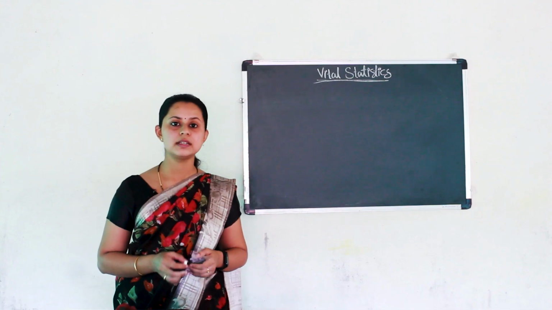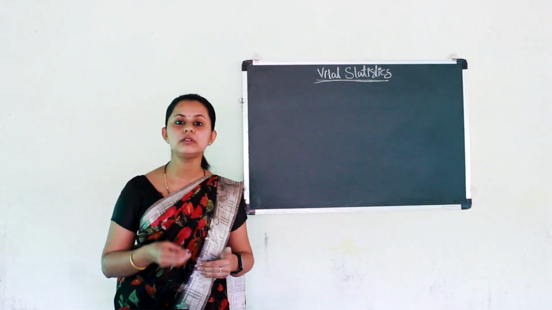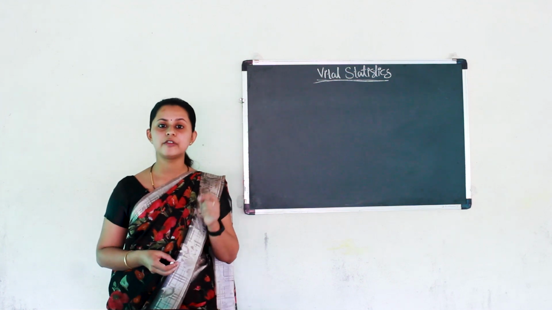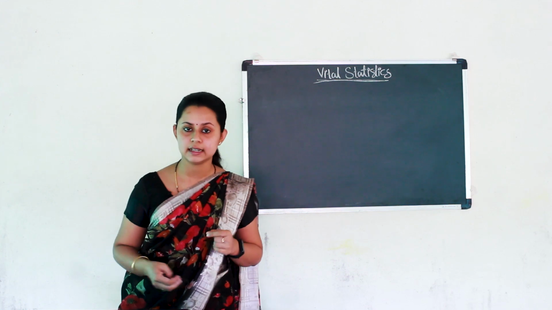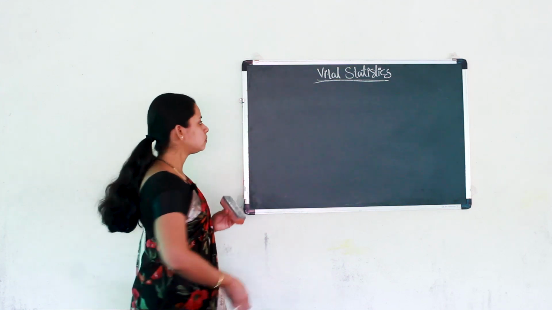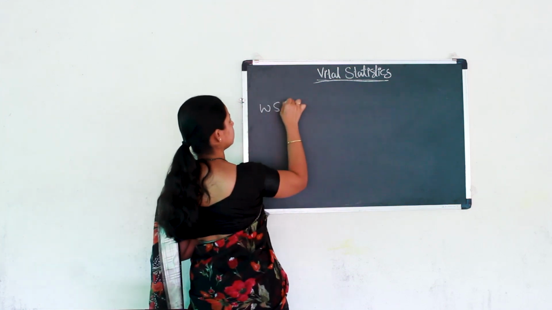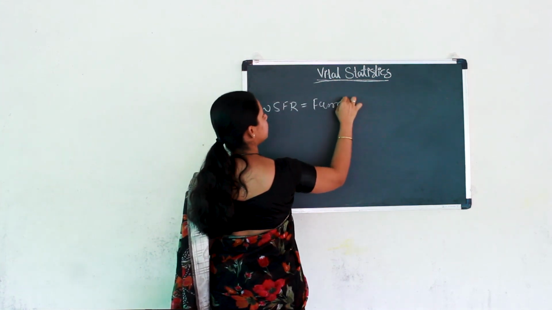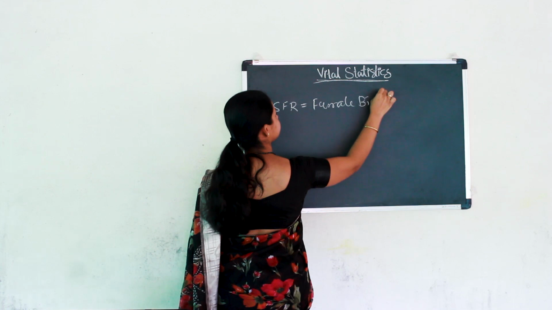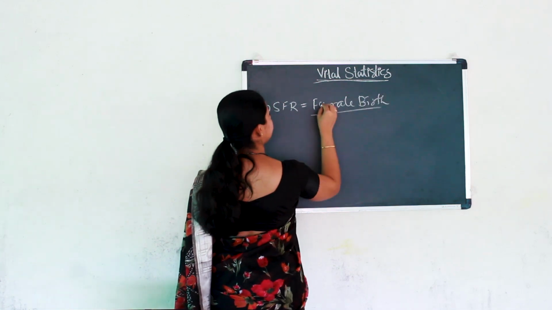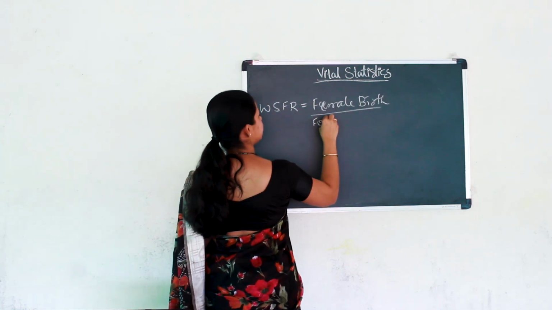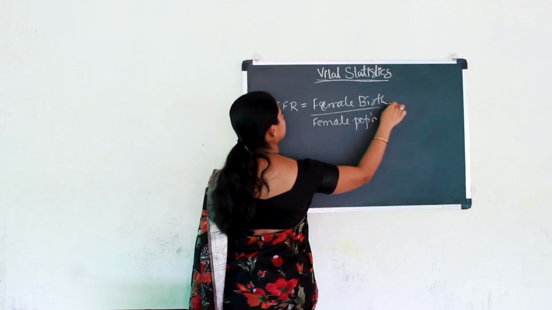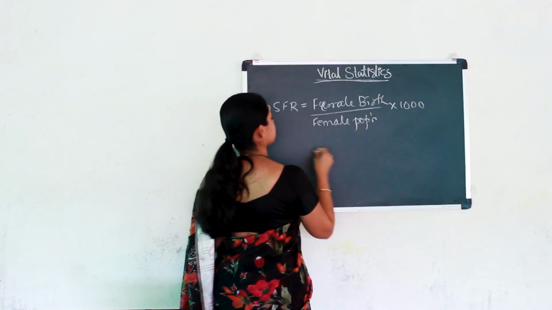The solution to this problem is, first we shall find the woman specific fertility rate, that is WSFR, for the age group 15 to 19 years. We have the formula female births divided by female population into 1000.